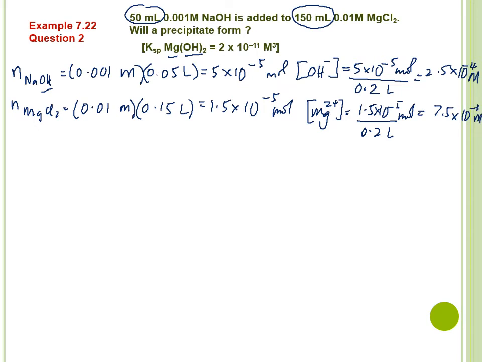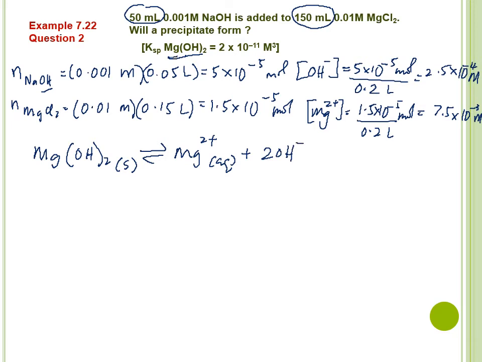Okay. The next step is for us to write the equation. Magnesium hydroxide, the formula is given here, so it would be no problem for you. This phase is solid, and then magnesium 2+ is the ion in aqueous form, plus 2OH minus.